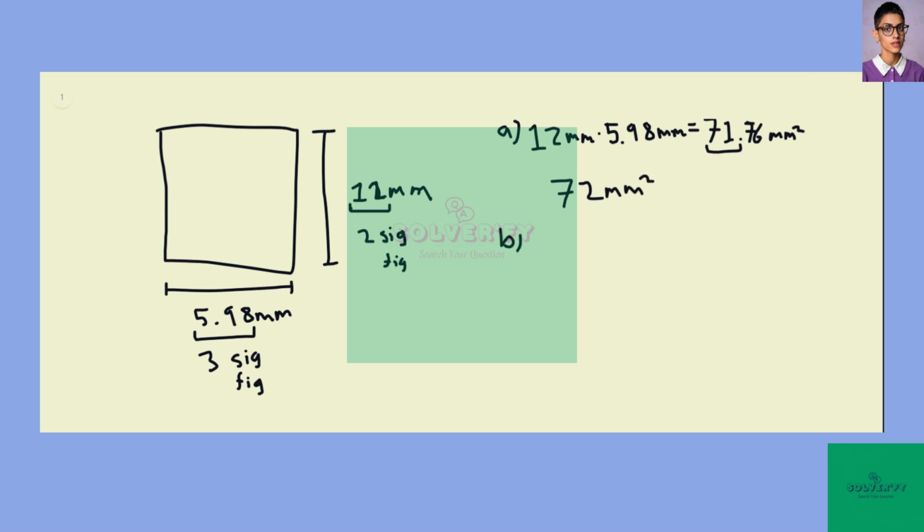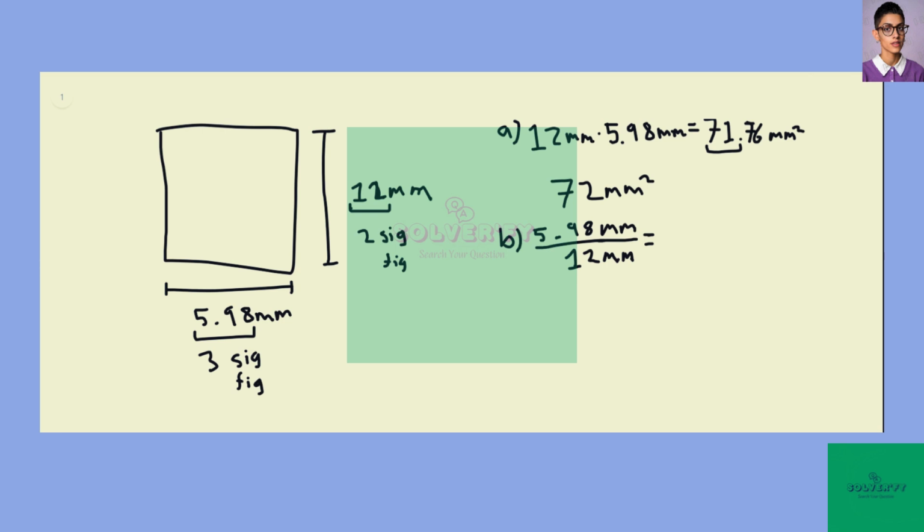Okay, for part B, it asks us to find the ratio of the rectangle's width to its length. So the width in this case is 5.98 millimeters divided by 12 millimeters. And so just with the same rule of multiplication, you have to keep the same amount of significant figures, which is the lowest one, which is 2.